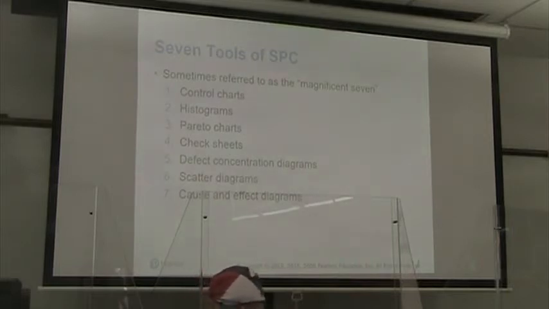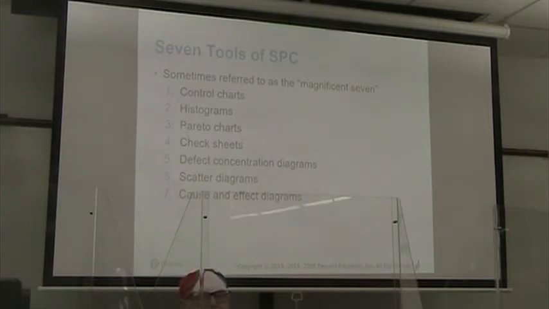All right, so we use 7 different tools in statistical process control, sometimes referred to as the Magnificent Seven. I never heard them referred to that way, but carry on. The first is control charts. Control charts are very useful in showing us when we are getting closer to making an error. Histograms are often used to show the spread, the distribution of our measurements.